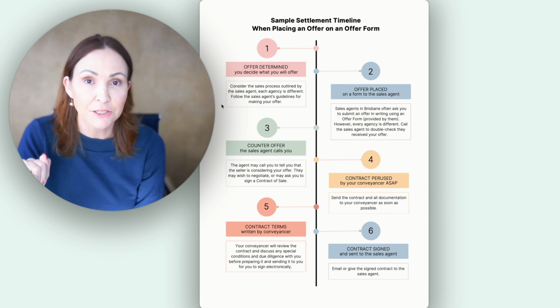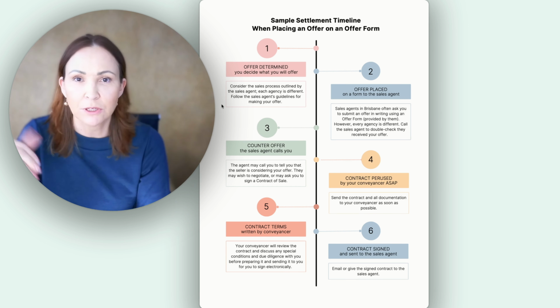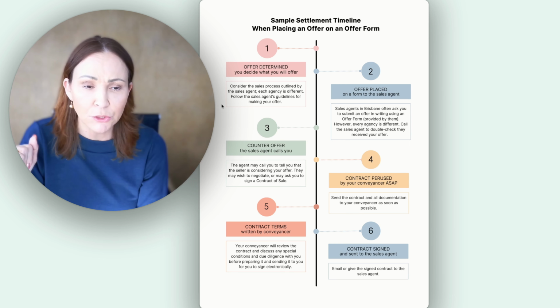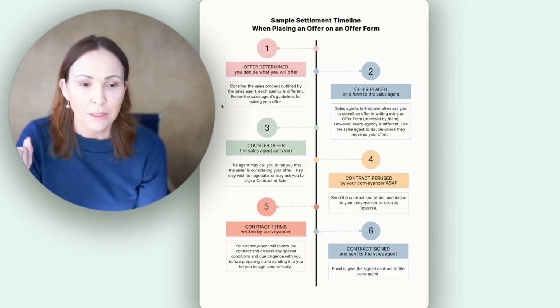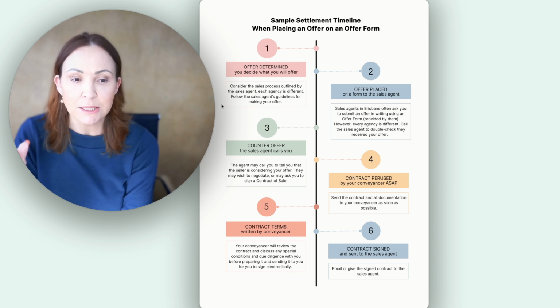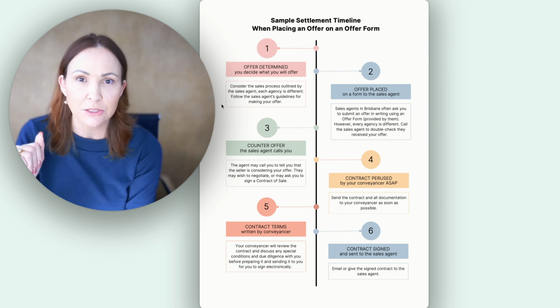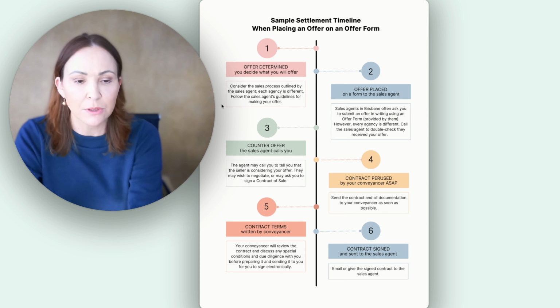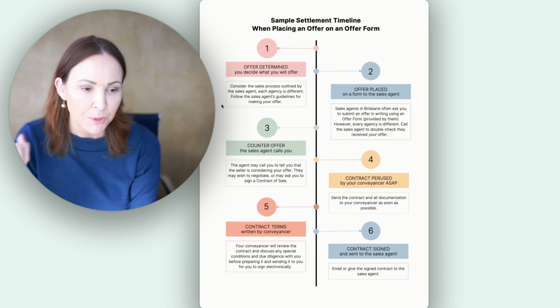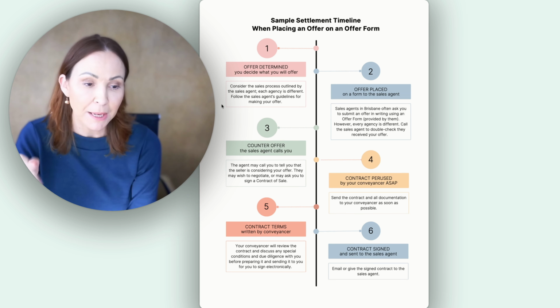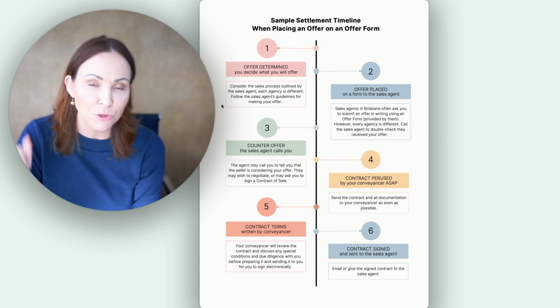So if they ask you to sign a contract, conveyancer. If you are serious about it, you would have shown it to your conveyancer already. Get your conveyancer to peruse the contract and all of the documentation that comes with it. In August, we've got the new seller's disclosure regime, so there'll be all that with it as well, as soon as possible. And then your conveyancer will get back to you and they will have perused the contract terms.